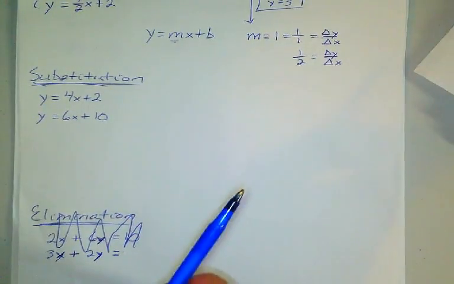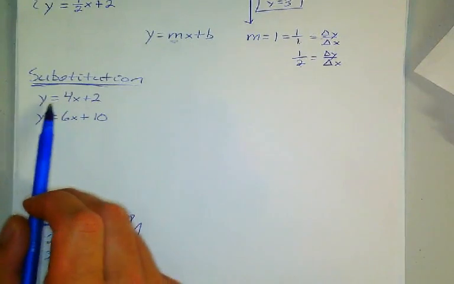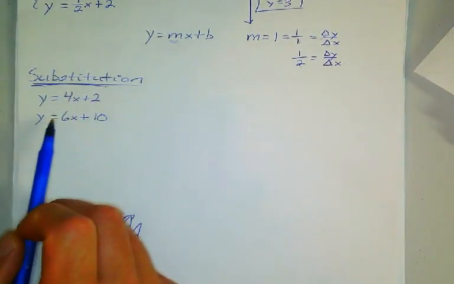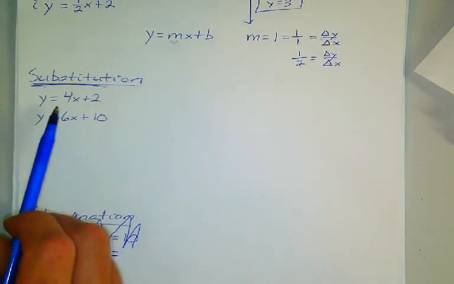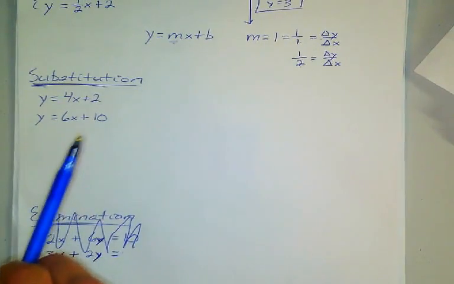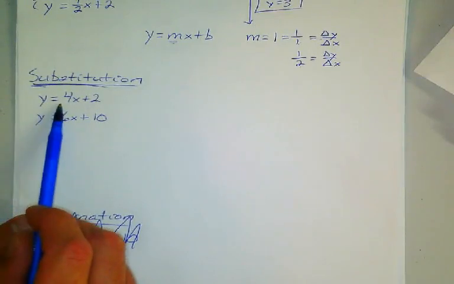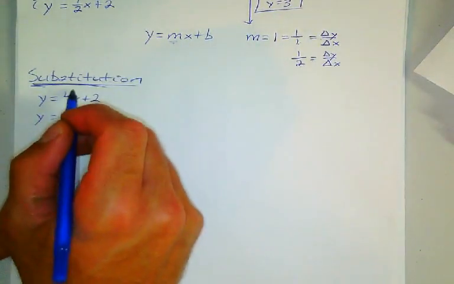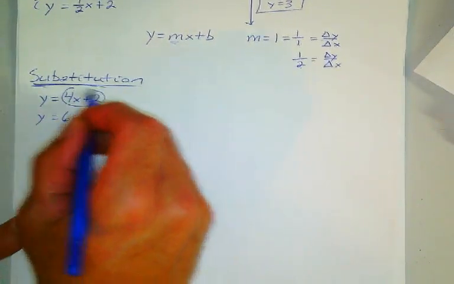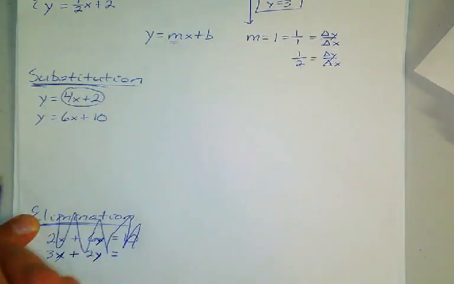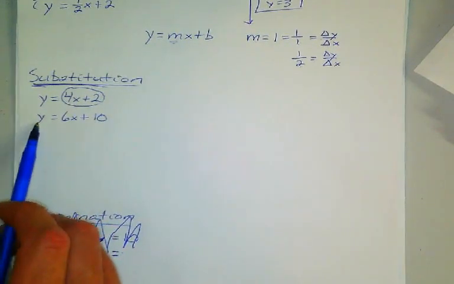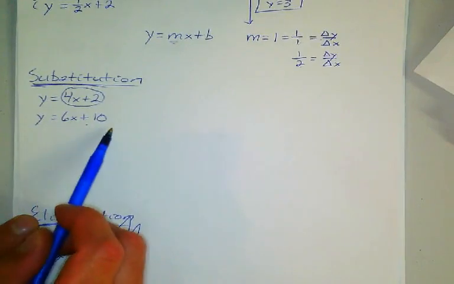I always use substitution whenever I have y equals something or x equals something. If I have a variable all on its own, that's when I like to use substitution. In this case, I have y alone. I know that y equals 4x plus 2, so I'm going to circle 4x plus 2. That's what y is equal to. Well, y is also equal to 6x plus 10.